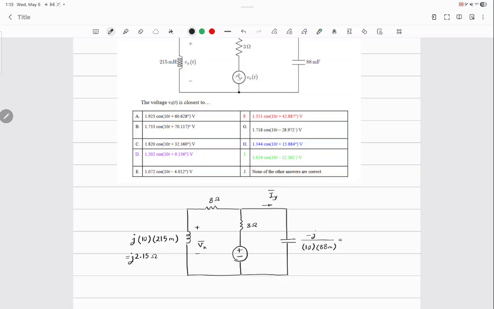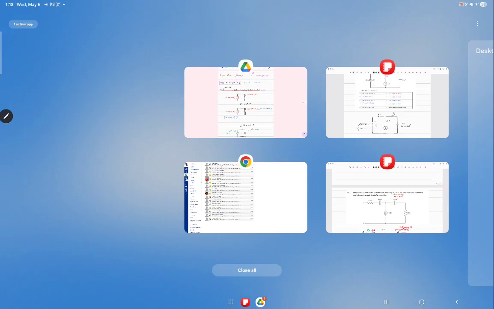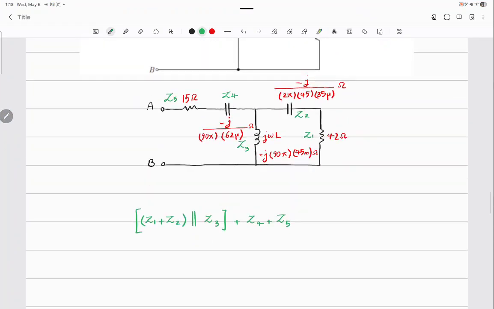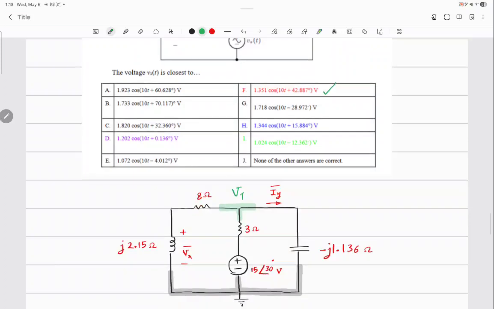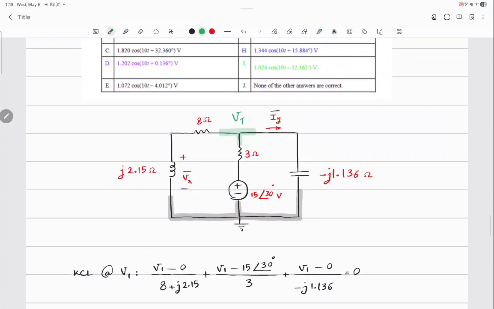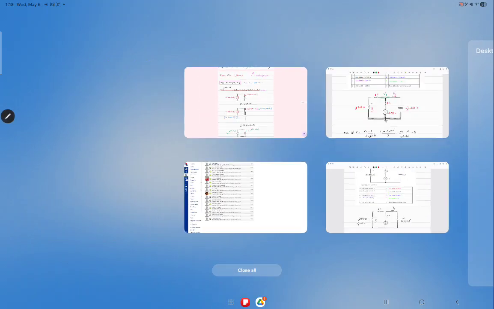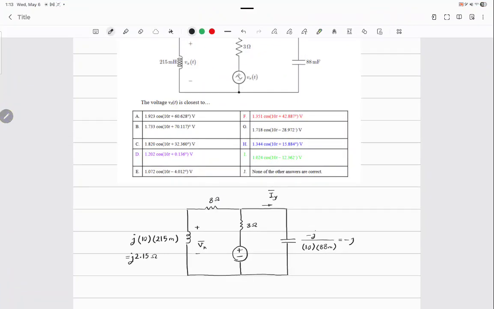Give me the value of the capacitor if you can. Let me make sure I have the value. This is what I have: negative j 1.136, negative j 1.136 ohms. Okay?